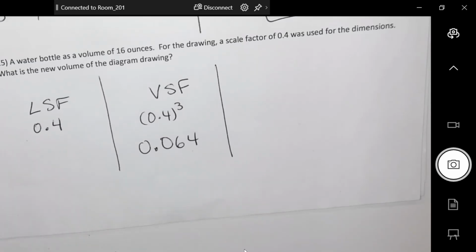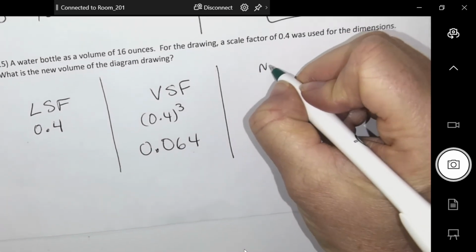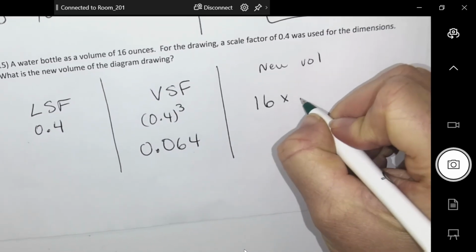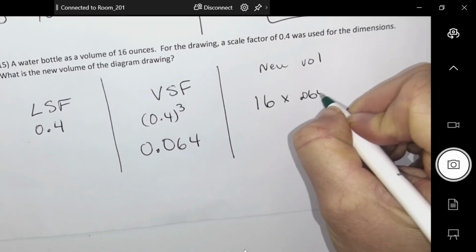Okay, linear volume. Now what's the new volume? 16 ounces times 0.064.